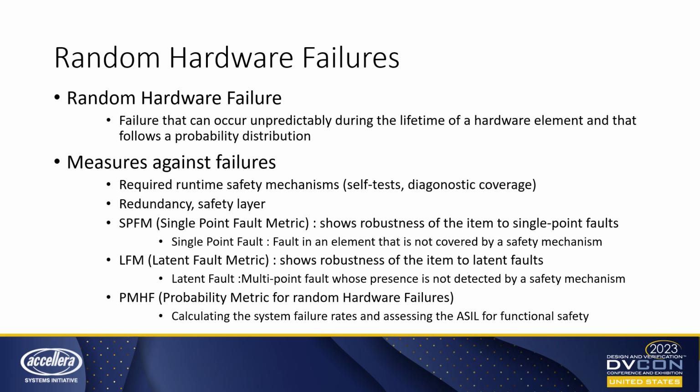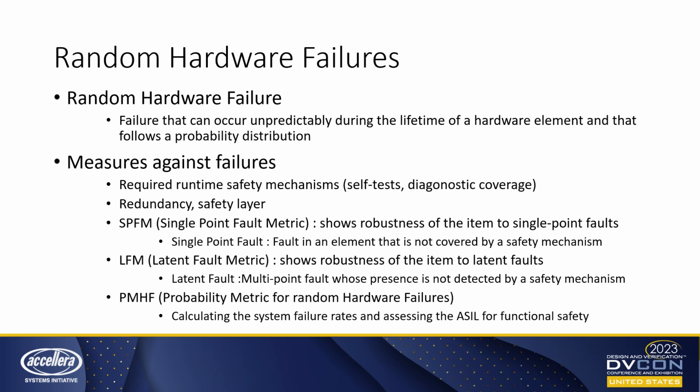In the previous slide, we showed that the purpose of functional safety is to avoid or control two kinds of failures. One is random hardware failures, and another is systematic failures.